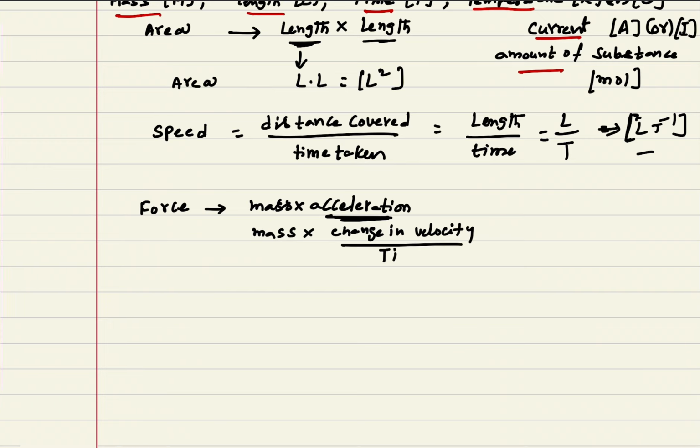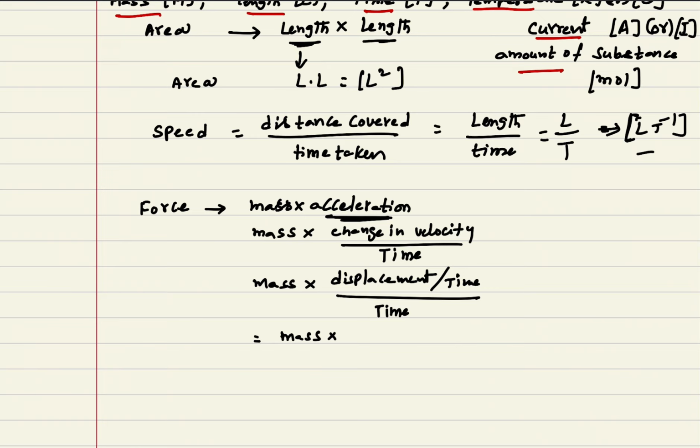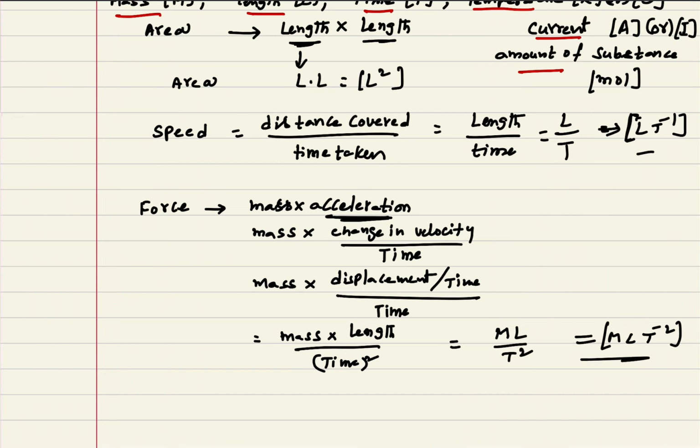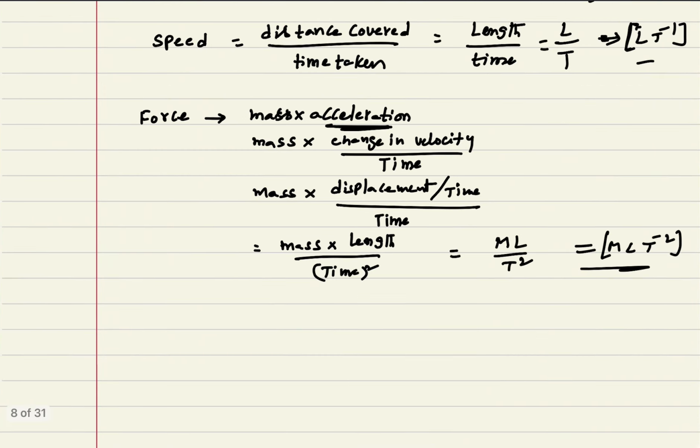Change in velocity is nothing but displacement divided by the time, whole divided by the time. So mass into displacement, which is length, divided by the time square. The final dimensions are M L by T square. You can write this as M L T power minus 2. This is the dimensional formula of force.